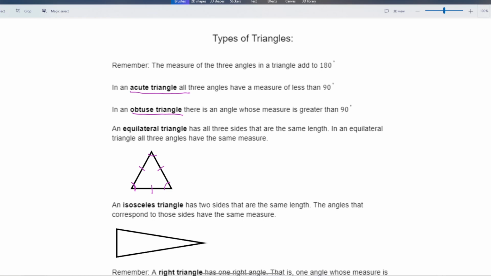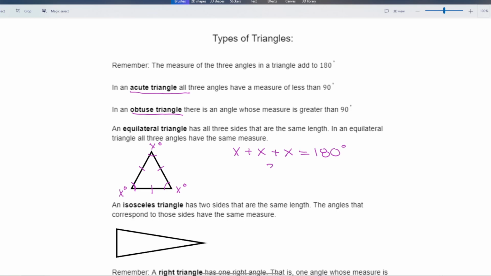So let's figure out what that angle is. Now we know that all three of them are the same, right? So we can say that each of them has a measure of x degrees. When we add all three of these up, we know that they're going to have a total of 180 degrees.